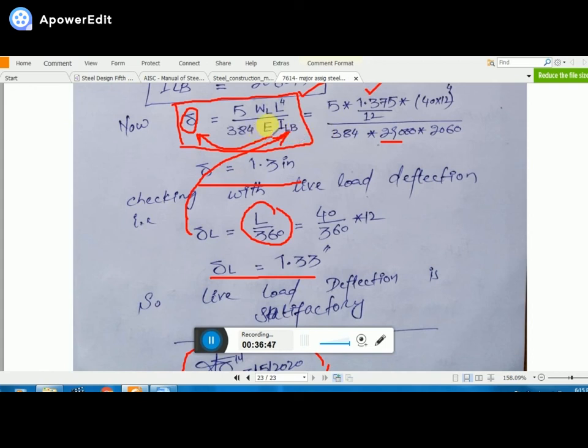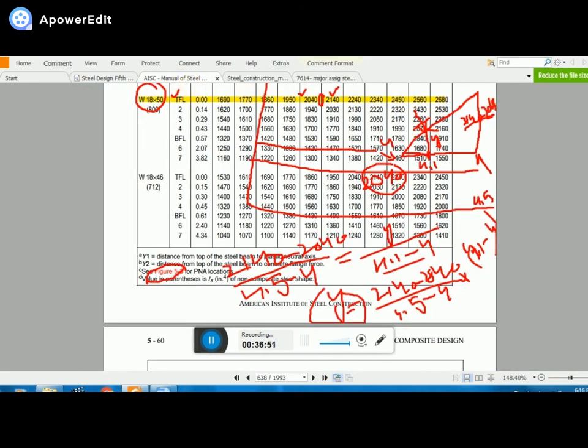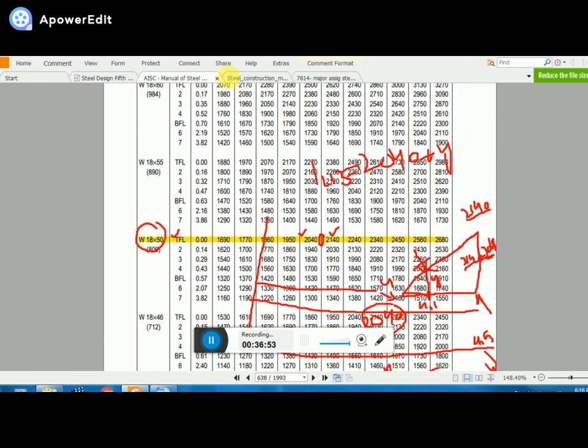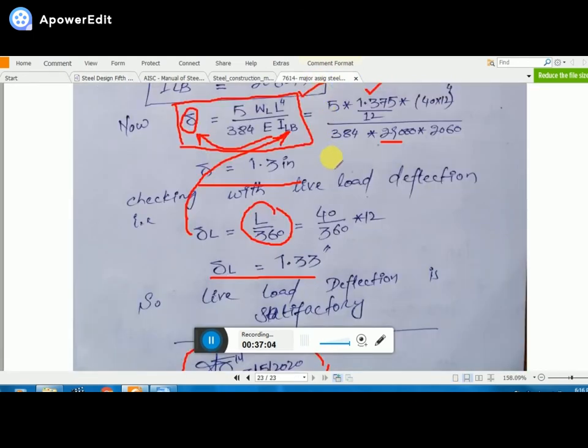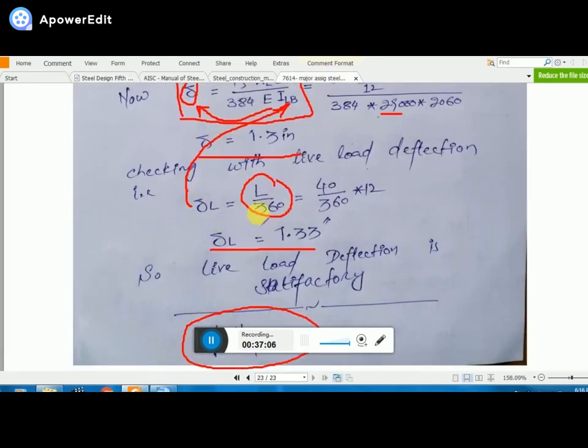You find out your ILB, go to the table, search the ILB table, because you have moment of inertia tables, and find the composite section which can limit your deflection within this limit. Clear? And remember, we also did the same thing in your beam design as well.